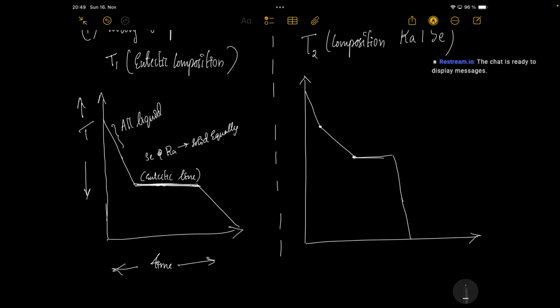We could see that same pattern here where it's also eutectic. It's all liquid. What's this? Radium starts to crystallize at this point.